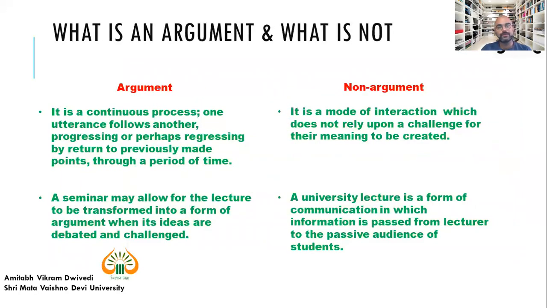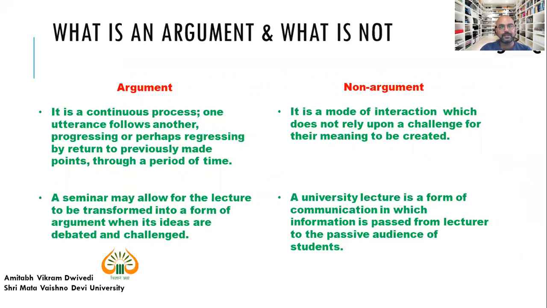Now we also need to look at what is an argument and what is not. As we have seen, argument is a continuous process. One utterance follows another, progressing or perhaps regressing by return to previously made points through a period of time.